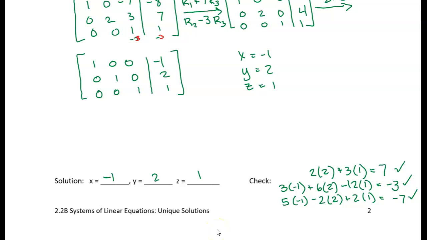All right. So this stuff just takes practice. It really does. It takes practice to get good at it and to be able to do it without making little arithmetic errors. Hopefully you'll have a chance to practice with the Wiley homework that's assigned, and the next two examples are word problems.